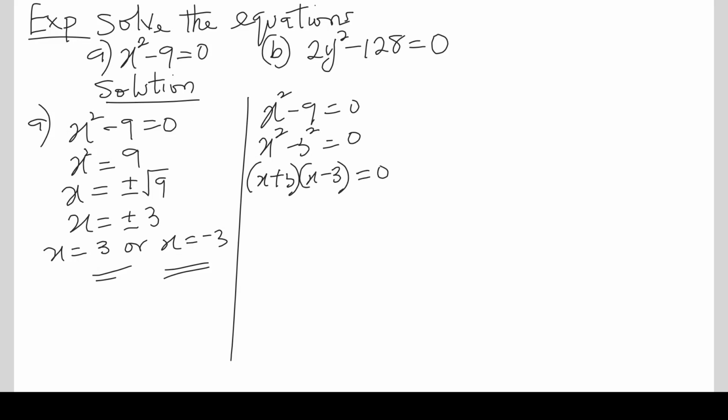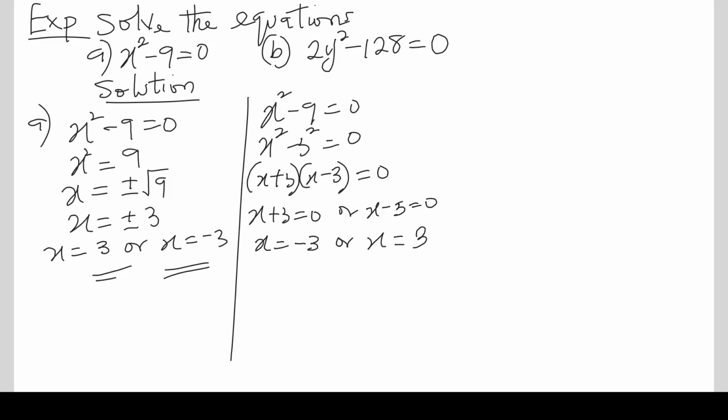As you can see now, you can say either x + 3 = 0 or x - 3 = 0. That means x equal to minus 3, or x equal to 3. You can see this is another way you can solve this, using the difference of two squares method.